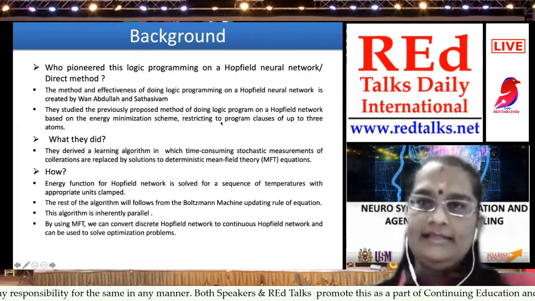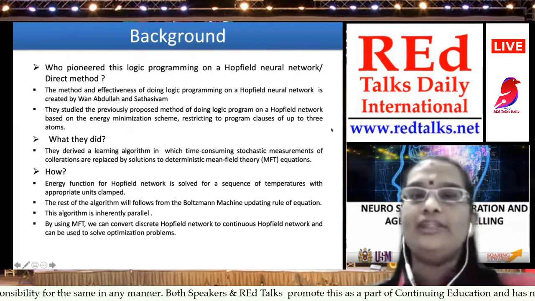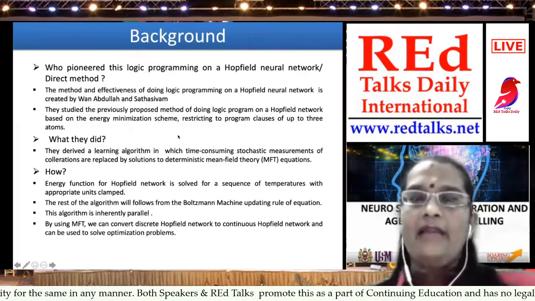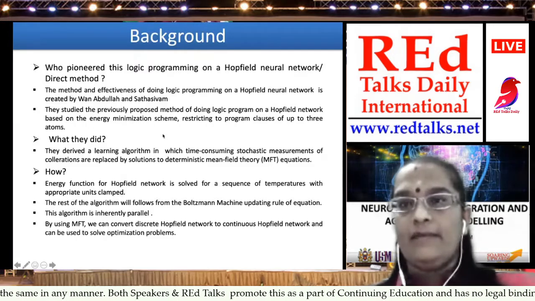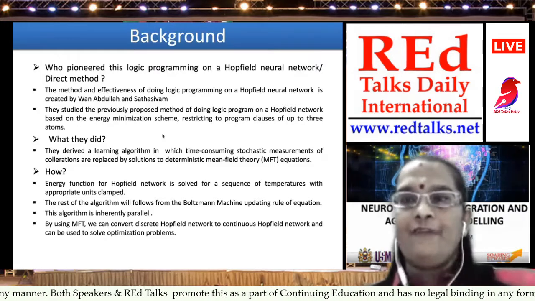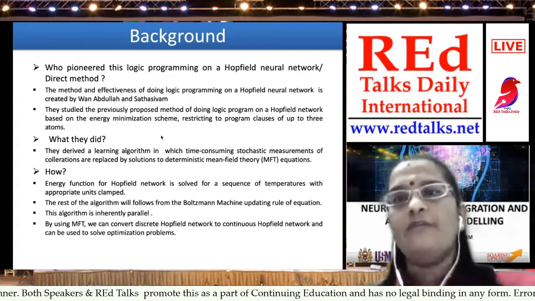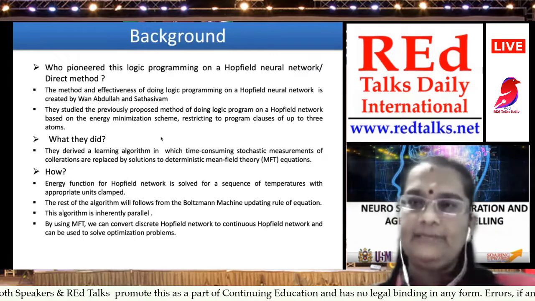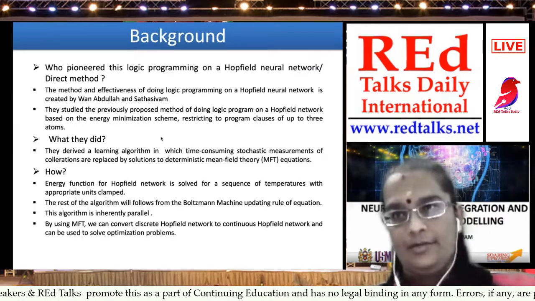This technique is based on the energy minimization scheme, and we were restricted earlier to program clauses of up to 3 atoms, but now we have found a way to solve up to k satisfiability problems by using this logic programming.